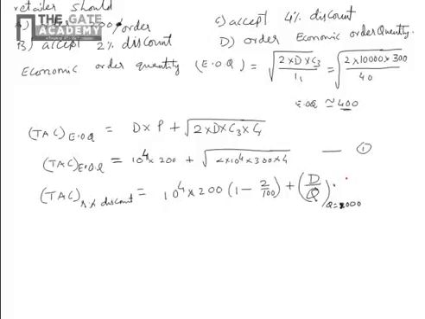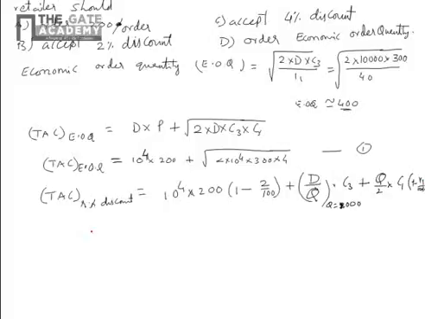You need to multiply the number of orders by the ordering cost, plus Q by 2 into C1, into 1 minus R1 by 100.